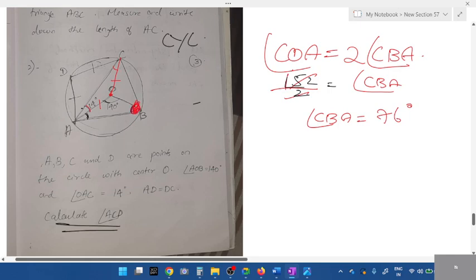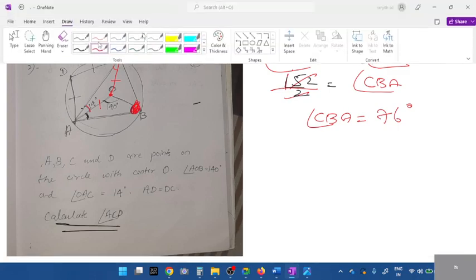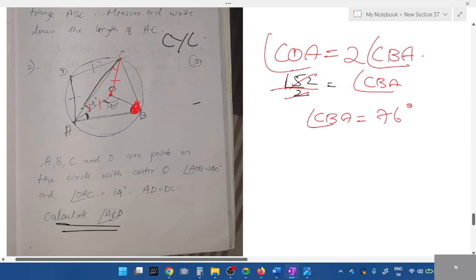So I use the smaller triangle first. Those who are concentrating, just look here. I use the smaller triangle. I join the line. Next, I got CBA.